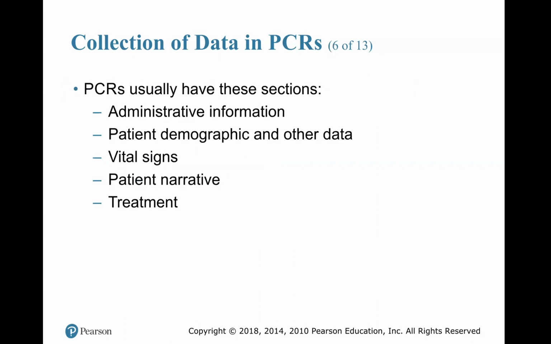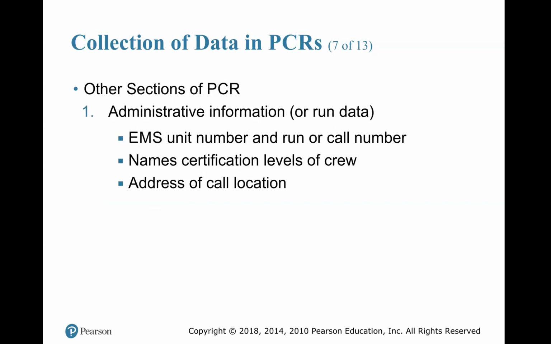PCRs usually have these sections: administrative information, patient demographic and other data, vital signs, patient narrative, and treatment. Administrative information or run data will be the EMS unit number and run or call number, names, certification level of crews, address of call location.